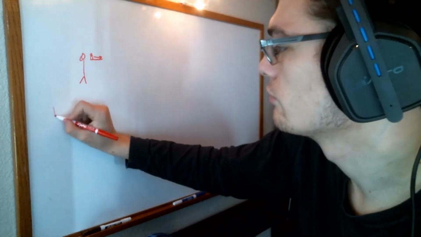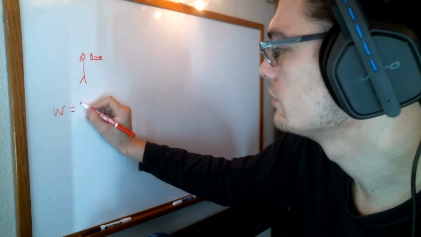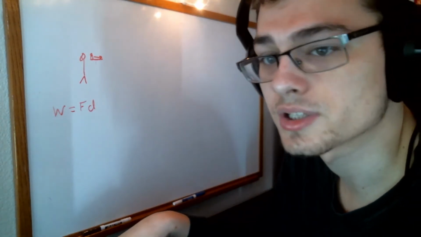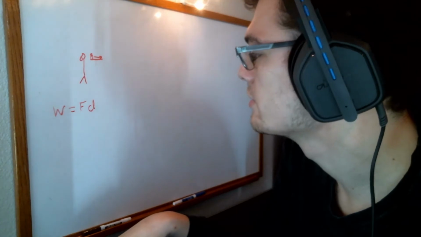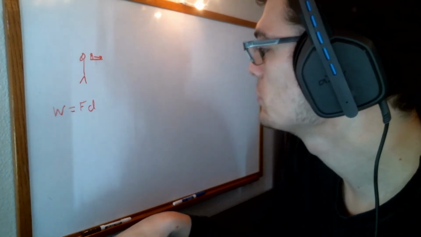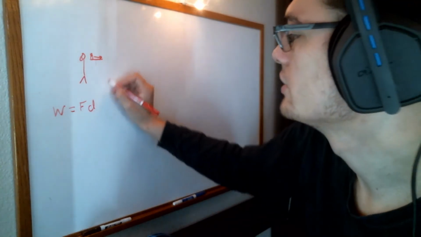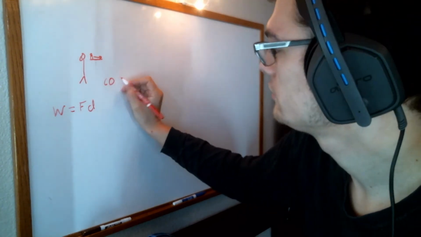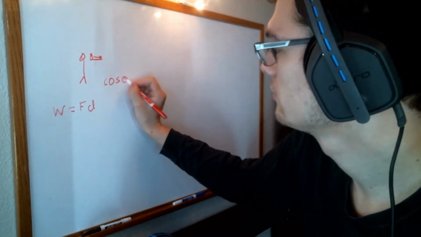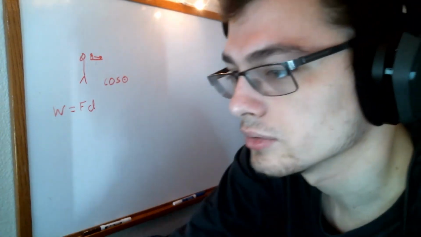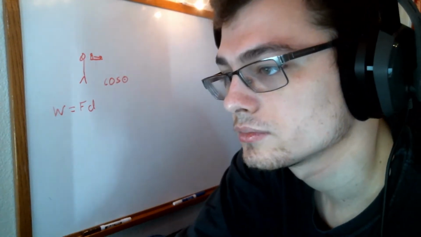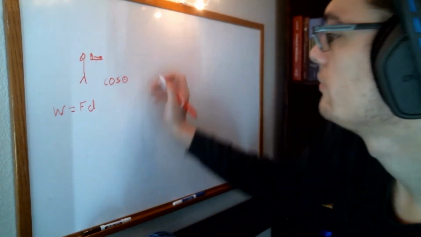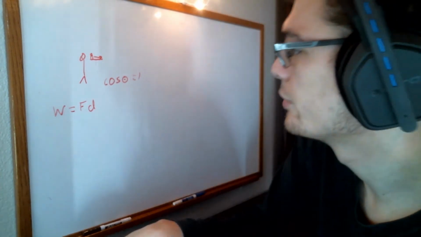is we have to use our work formula, work is equal to FD. In this case, the force is going in the same direction as the can of soup. So then, in this case, cosine of theta is going to be equal to 1 because they're pointing in the same direction.